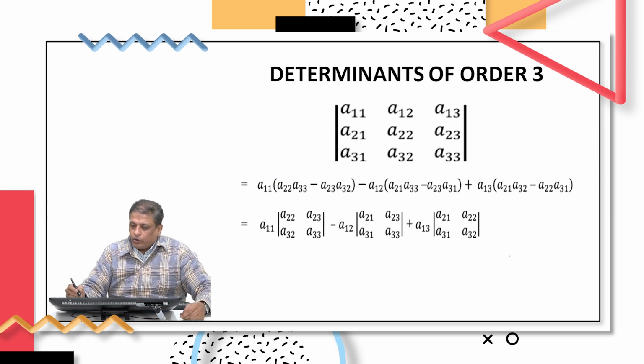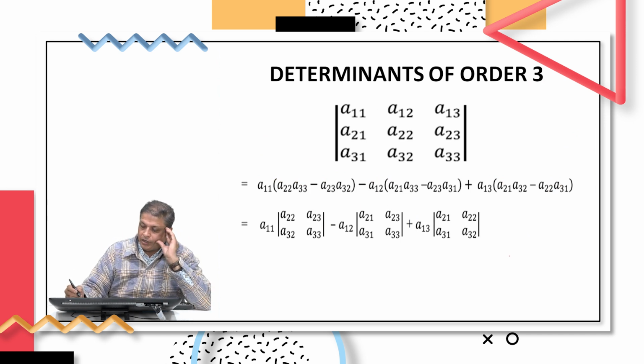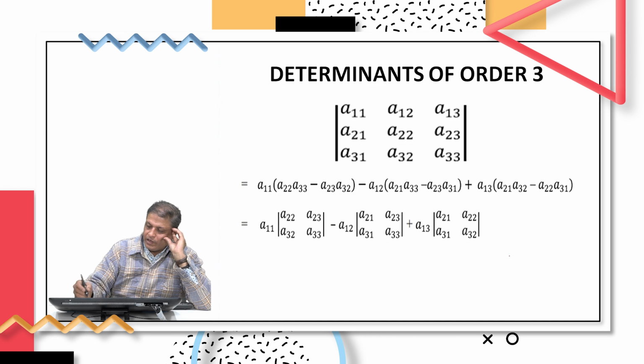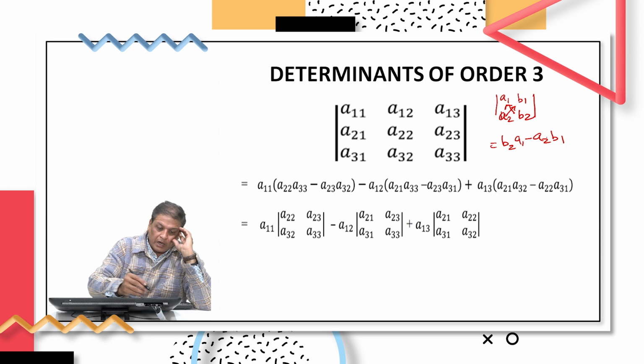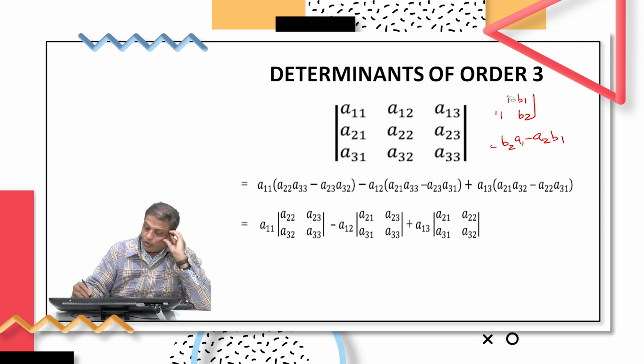Now again we need to understand how to solve the determinant of order 3. Likewise, when the determinant is of order 2, we apply the technique of multiplying diagonally: B2A1 minus A2B1. Now we are going to apply this understanding to solve the determinant of order 3.